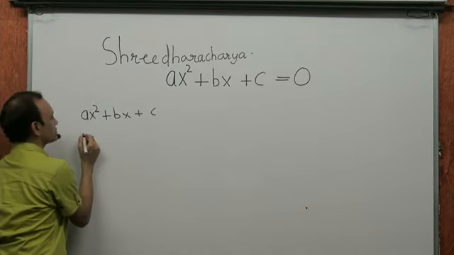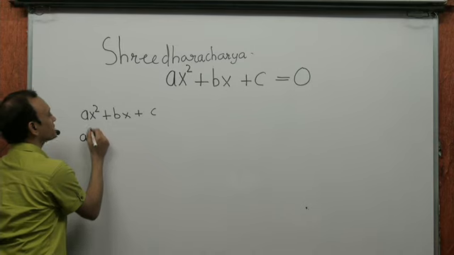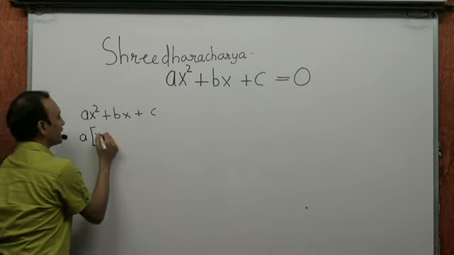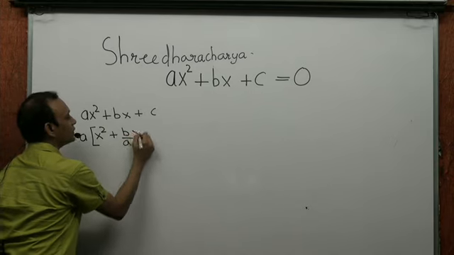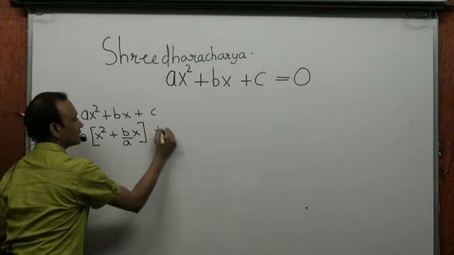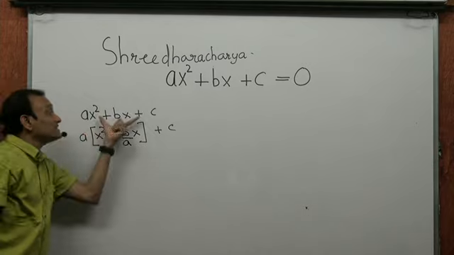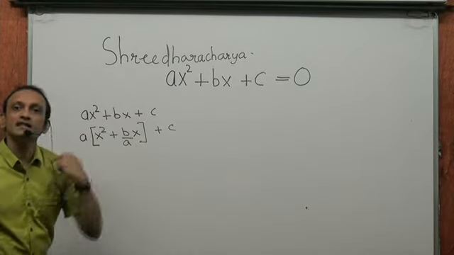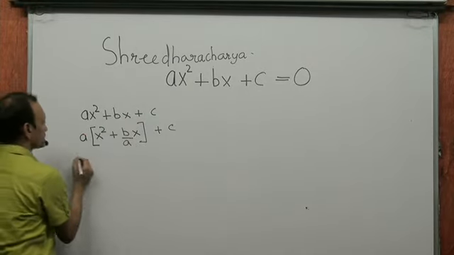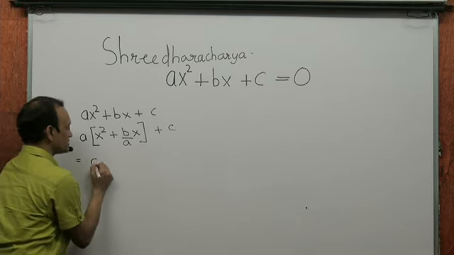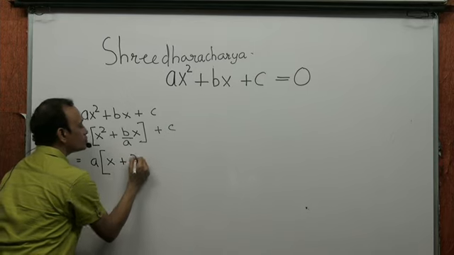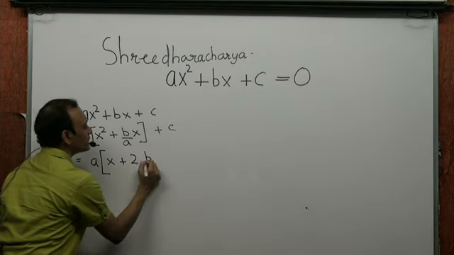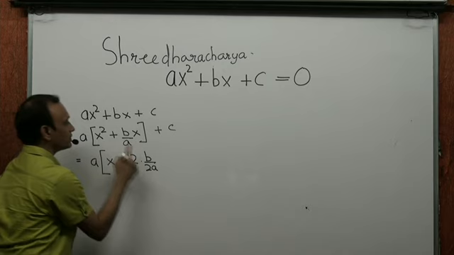Now, this expression could be written as a into x squared plus b by a into x plus c. Yes or no? I'm seeking to express this as sum or difference of two squares. Now, this could further be written as a into x squared plus 2 into b by 2a into x. I hope you realize whatever I have done.